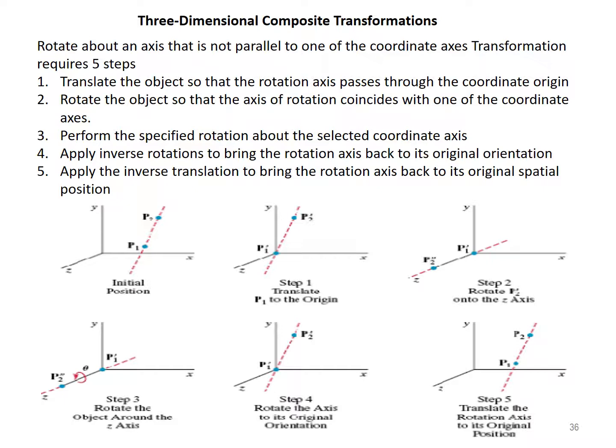Then rotate the object so that the axis of rotation coincides with one of the coordinate axes. Now perform the specified rotation about the selected coordinate axis and apply inverse rotations to bring the rotation axis back to its original orientation. Then apply the inverse translation to bring the rotation axis back to its original spatial position.